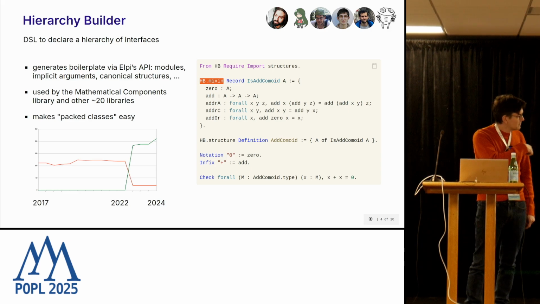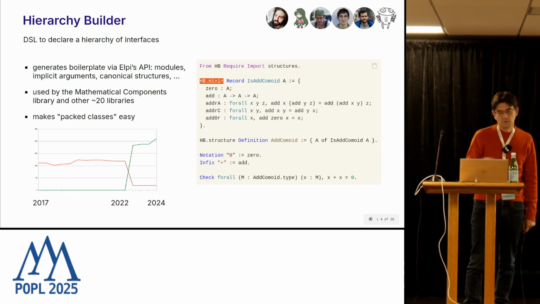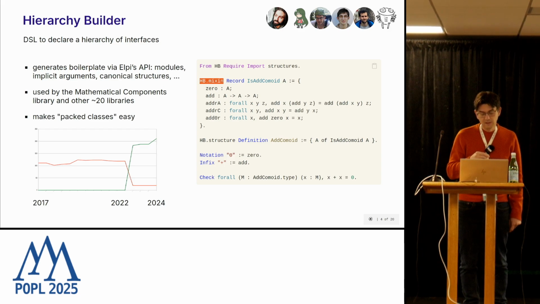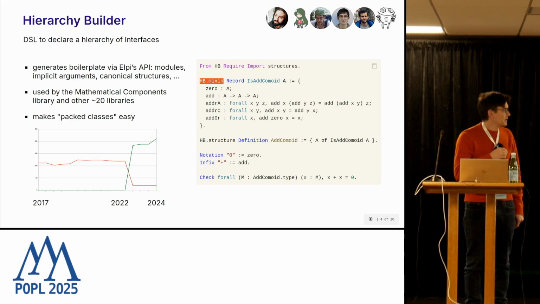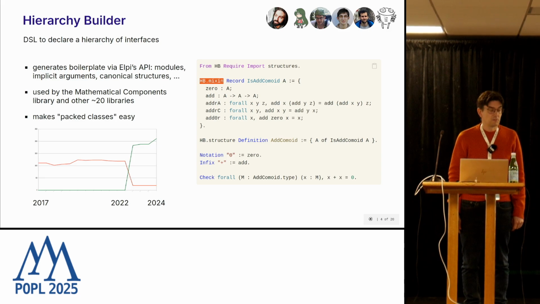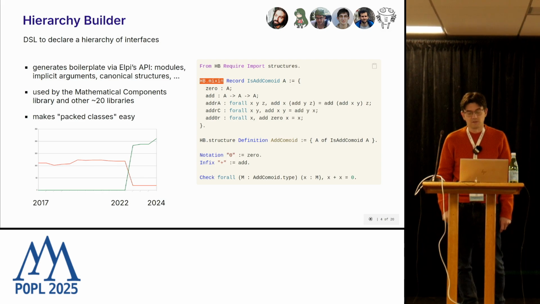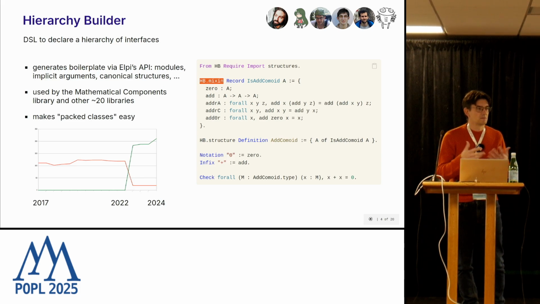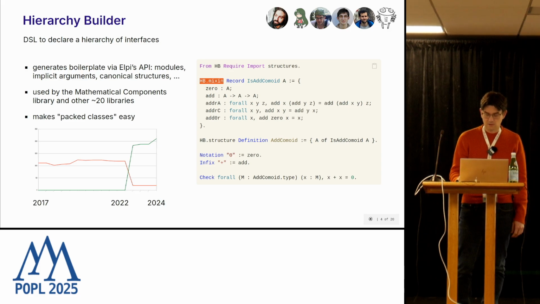And the green line is when we started to port it to Hierarchy Builder. Now, most of them are defined using this tool. And they are growing, especially the order theory part of the Mathematical Components library got way more complete after that because they could add so easily more interfaces and make their theory grow.